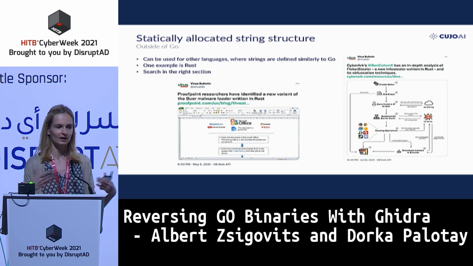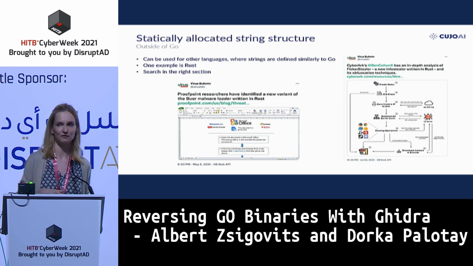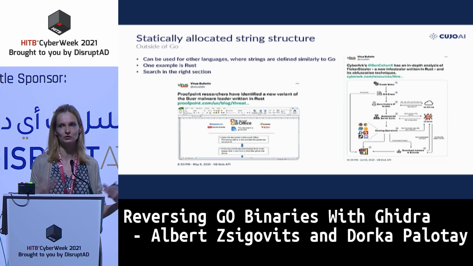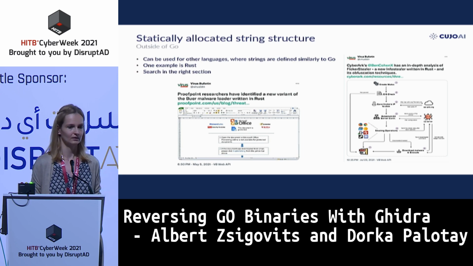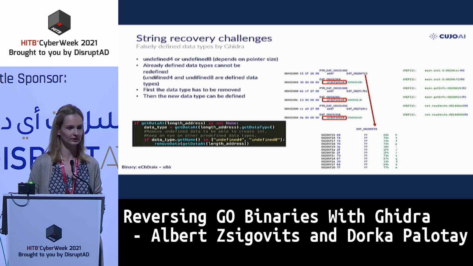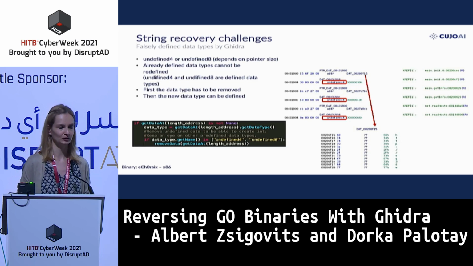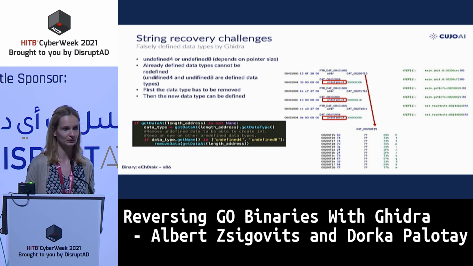Statically allocated string structures can be found. So the same idea can also be applied to Rust binaries, because they handle strings in a very similar way to Go. So you can also look for these structures. The only thing you have to consider is which sections to look in, but this is just a note. And here I would also like to show some of the challenges that we faced.